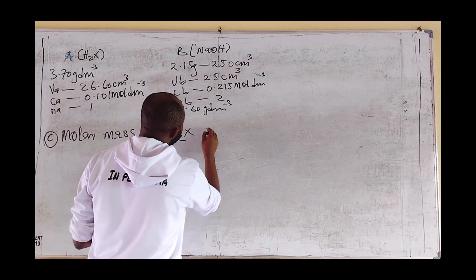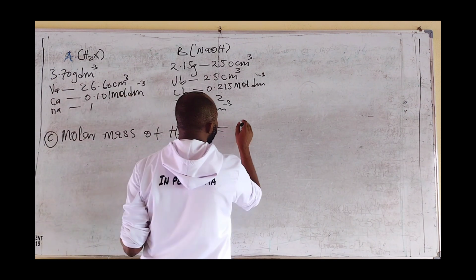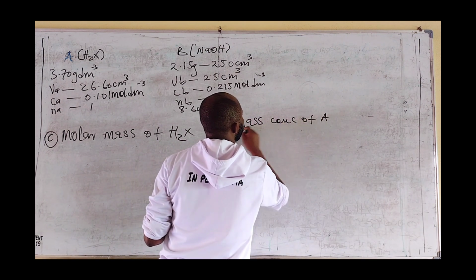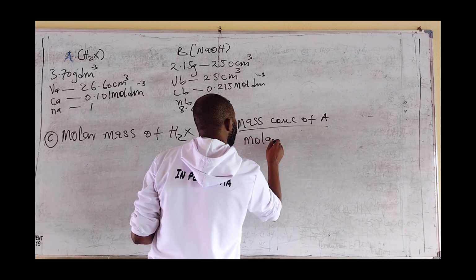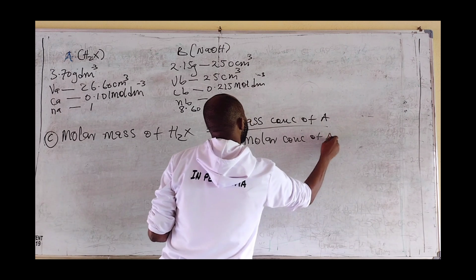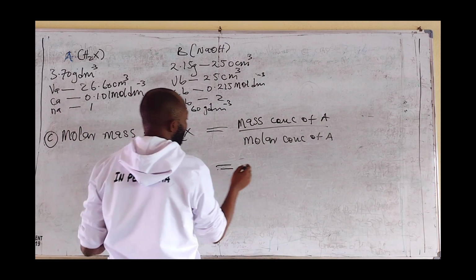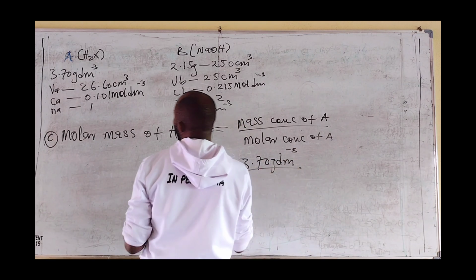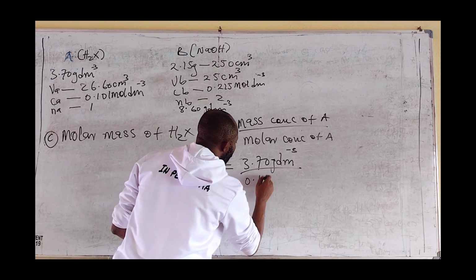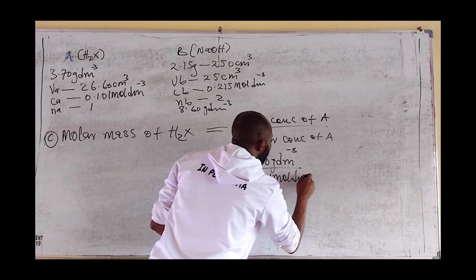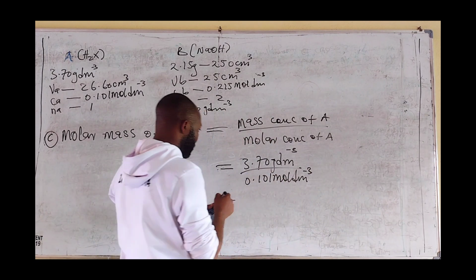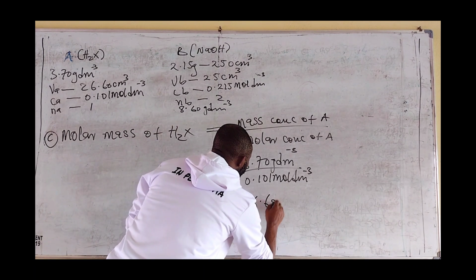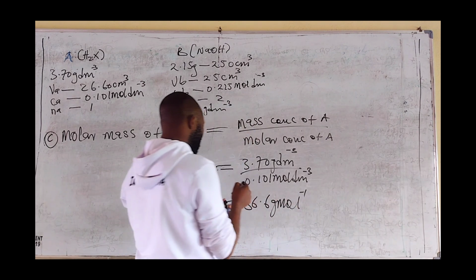So for us to do that, we say molar mass is equivalent to mass count of A over molar count of A. And the mass count of A is 3.7, I think that was given, g/dm³, divided by the molar count, 0.101 mole per dm³. And this is equal to 36.6 g/mol. The relative molecular mass is this.